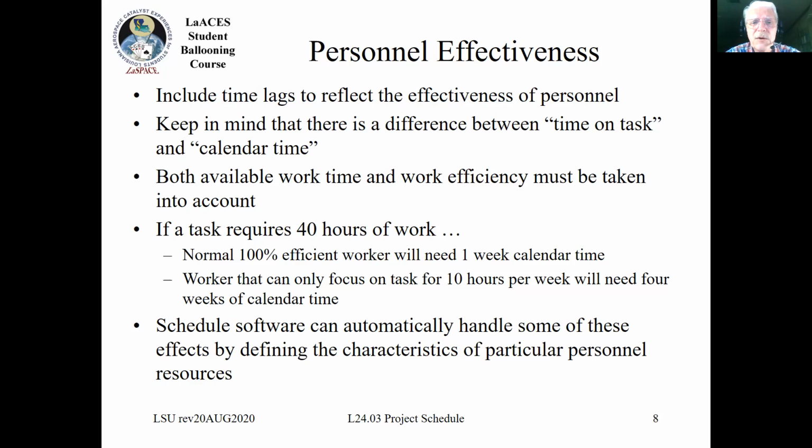So that's 40 hours of time. If your person assigned to that task can only work or focus on that task for 10 hours a week, then 4 calendar weeks are going to go by before that task is complete. You need to understand there's a difference between time on task and calendar time, and take that into account.